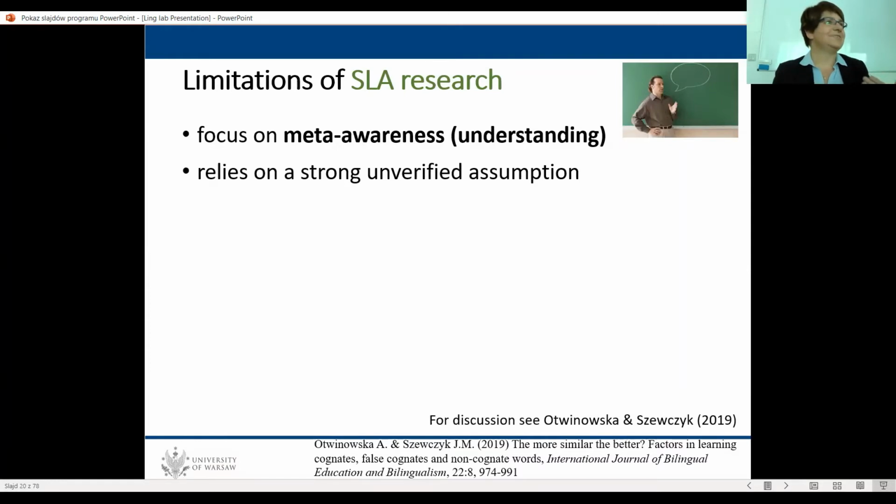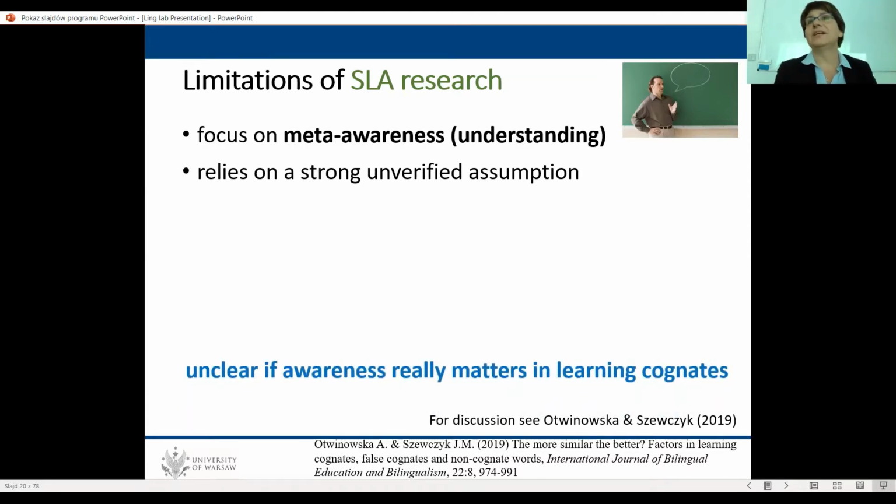Also second language acquisition research, which is much more down to earth and much more in the classroom, has problems, because of this kind of focus on the meta awareness and the very strong and unverified assumption that you have to raise awareness in order to benefit. So it's really unclear if this awareness matters.